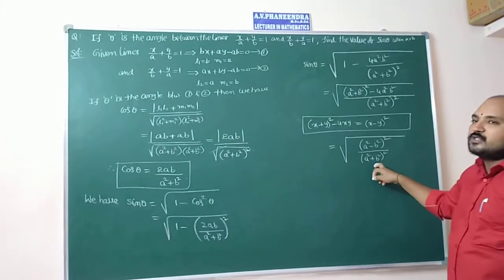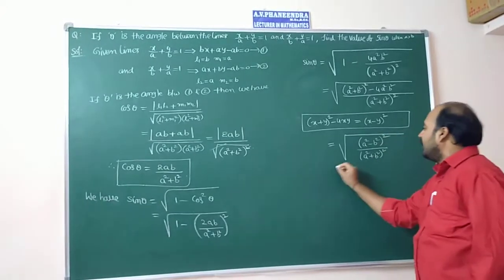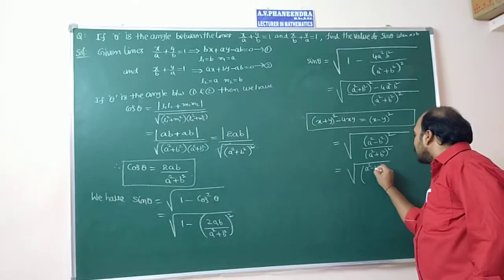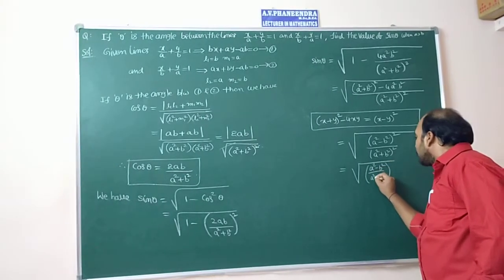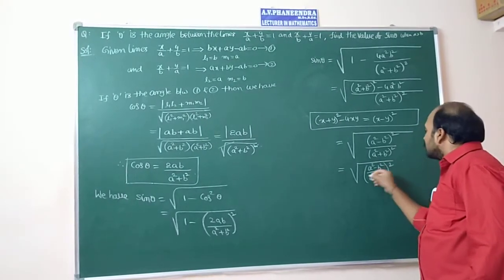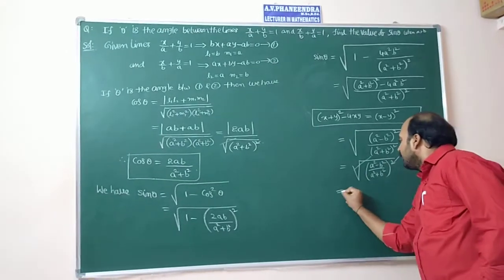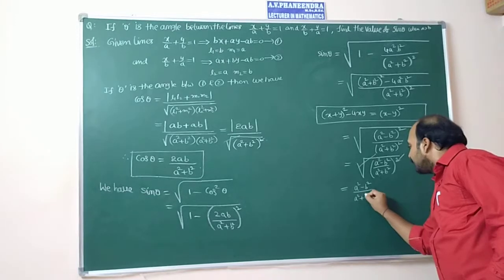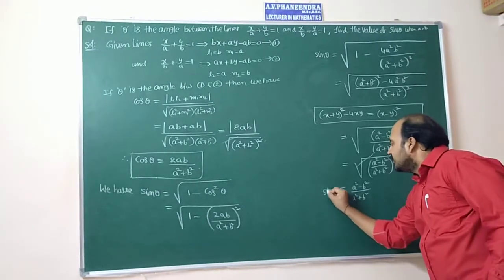So the square and root will be cancelled, which is equal to a square minus b square by a square plus b square, which is equal to sine theta.